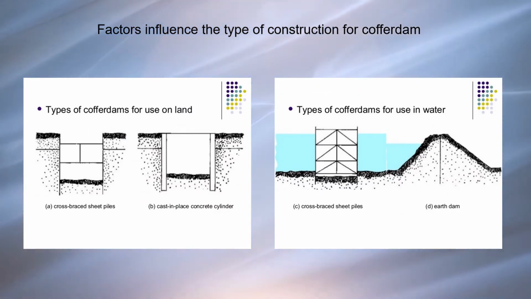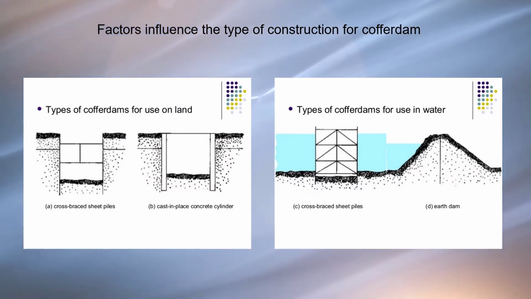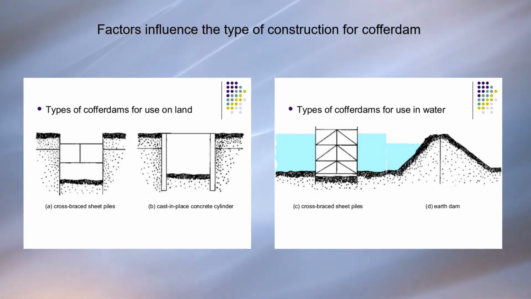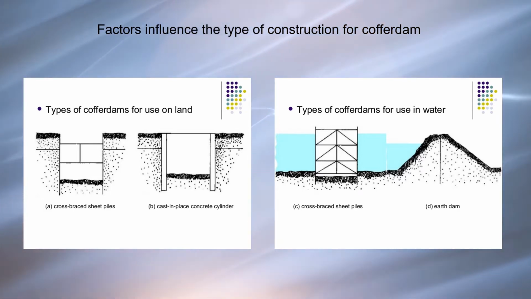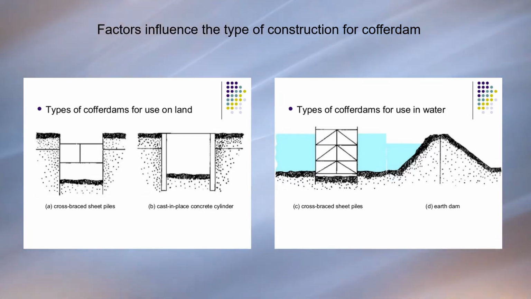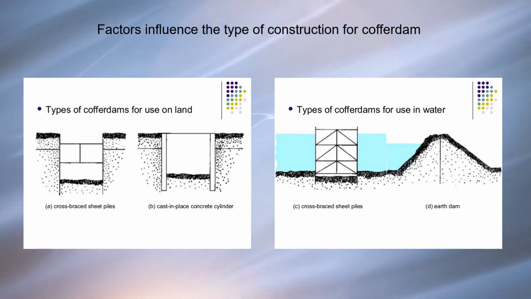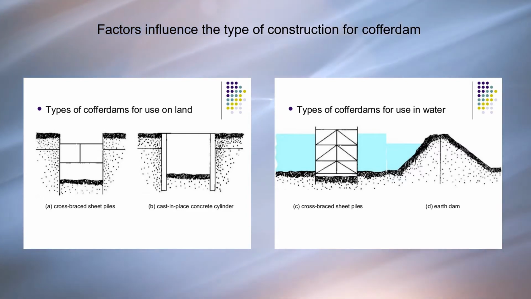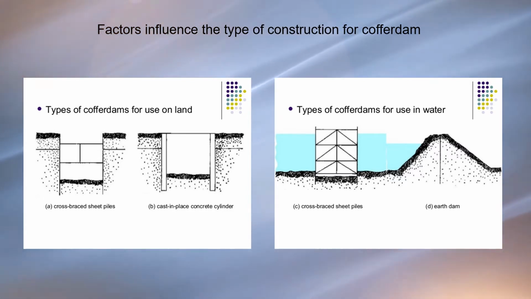There are factors that influence the type of construction for a cofferdam, such as number 1, the depth of water or soil. Number 2, the soil condition which influences the stability of the cofferdam.